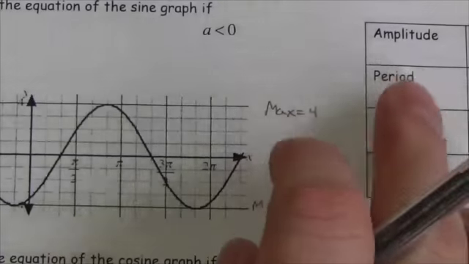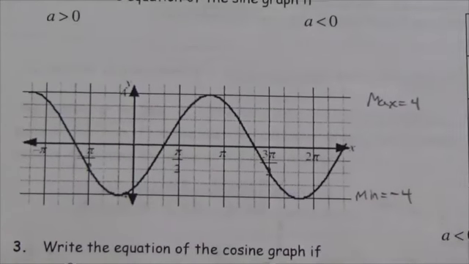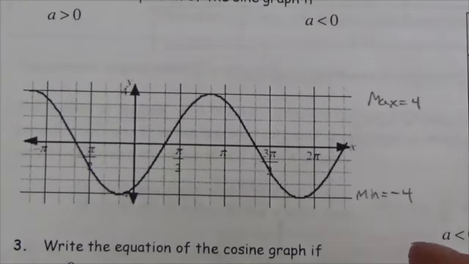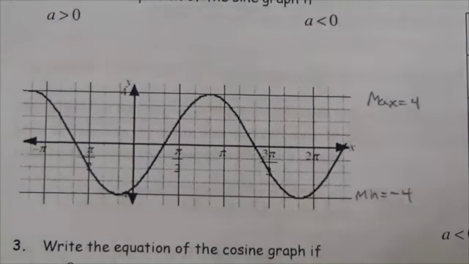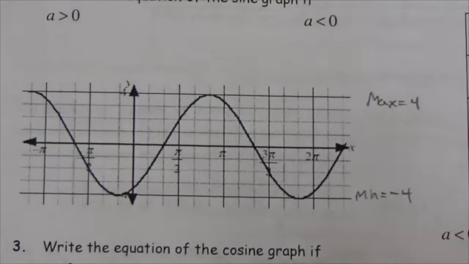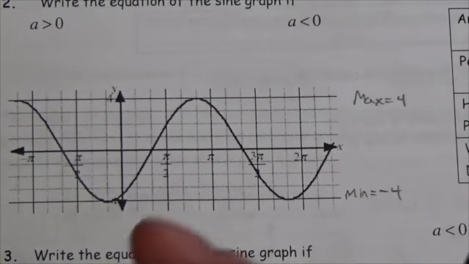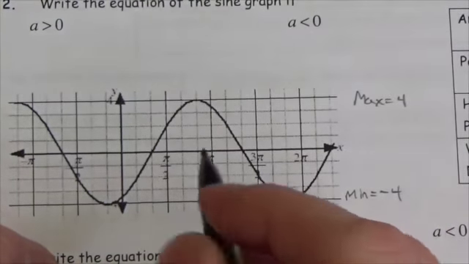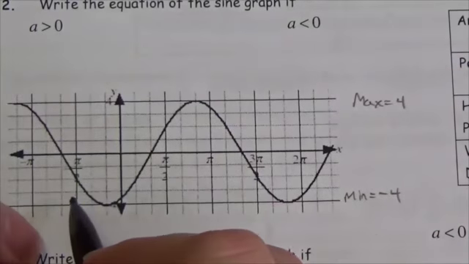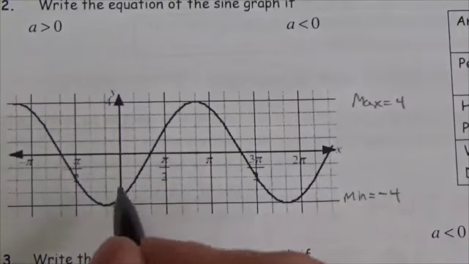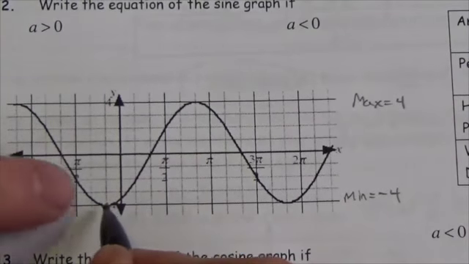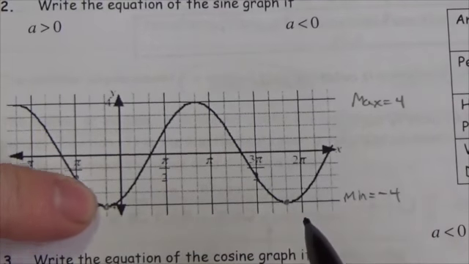Now I'm going to find the period. When you're looking at a graph like this, finding the period is actually very difficult for some people. So this is what I suggest you do. We're going to approach the graph twice. First of all, I'm going to pick a peak and a peak, or a trough and a trough. The easiest thing right now is to pick the minimum value here and the minimum value here.